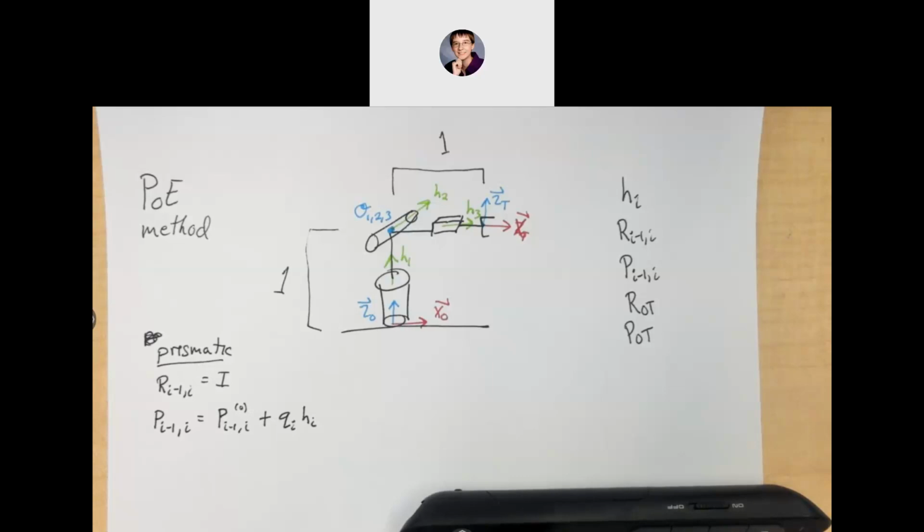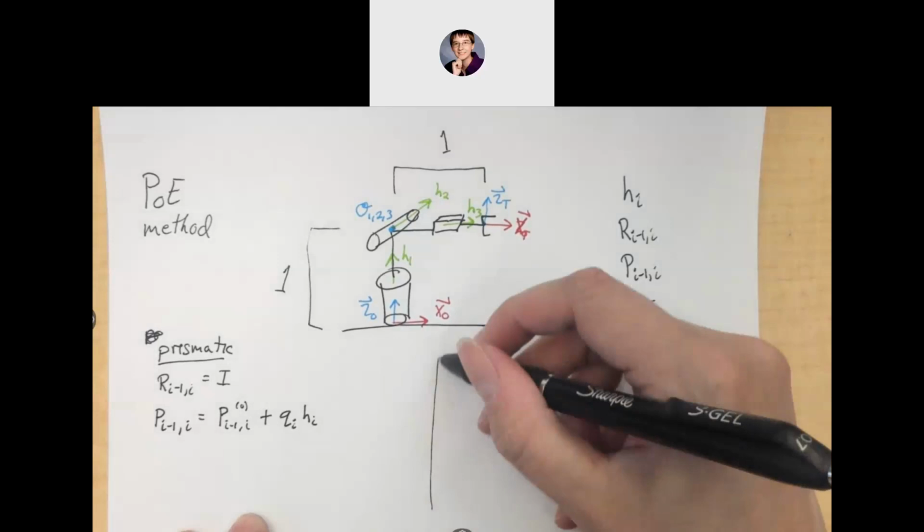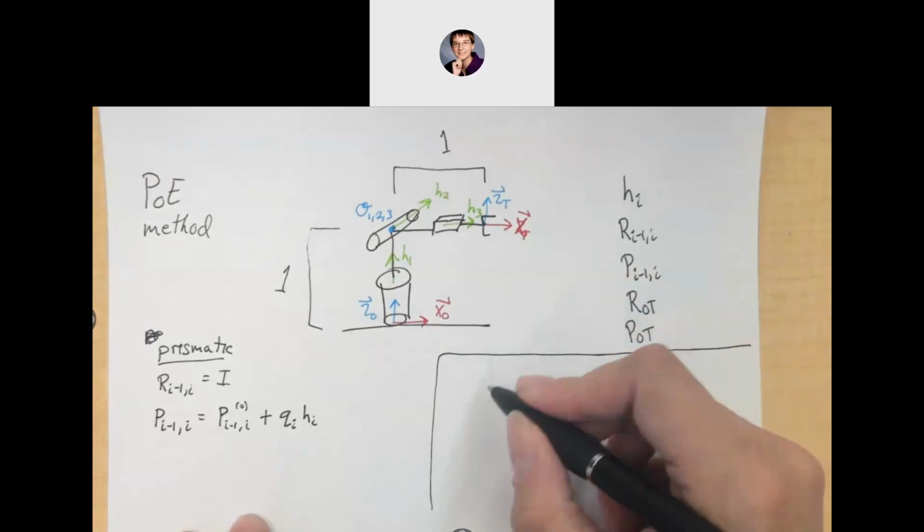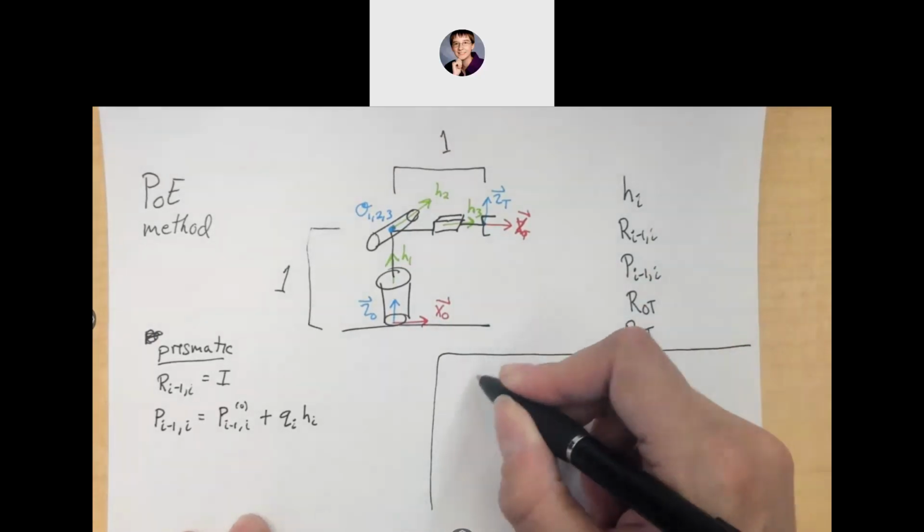For those of you that are done, if you want to work ahead, the next thing will be computing the Jacobian matrix. I briefly touched on this when I introduced the Jacobian.